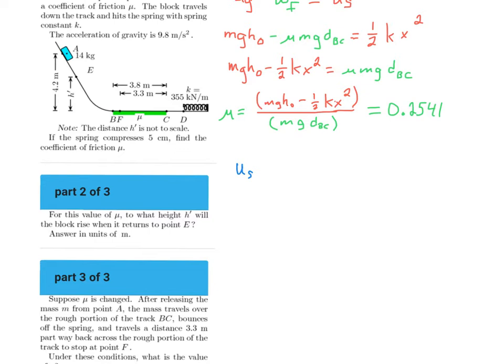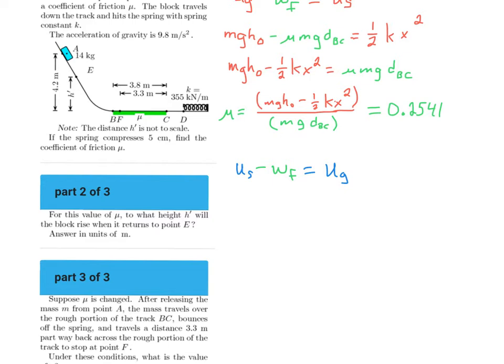And then when it returns back through that green patch, we're going to have work done by friction. And whatever's left over, that's going to go into gravitational potential. So it's essentially the equation we started off with before, just in reverse.